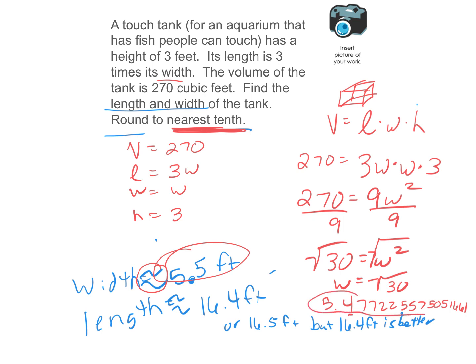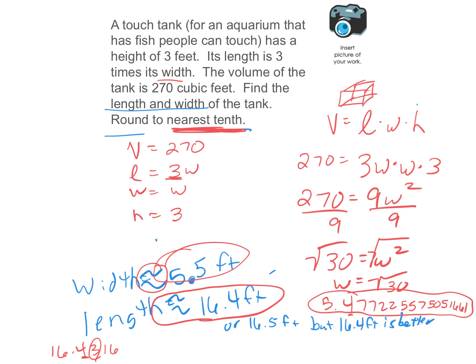This number is still in my calculator, so I'm going to find my length. I'm going to multiply that by 3. And that gets me 16.4316, blah, blah, blah. I'm rounding to here, so that stays the same. So we know the length as 16.4 feet is more accurate than 16.5 feet.